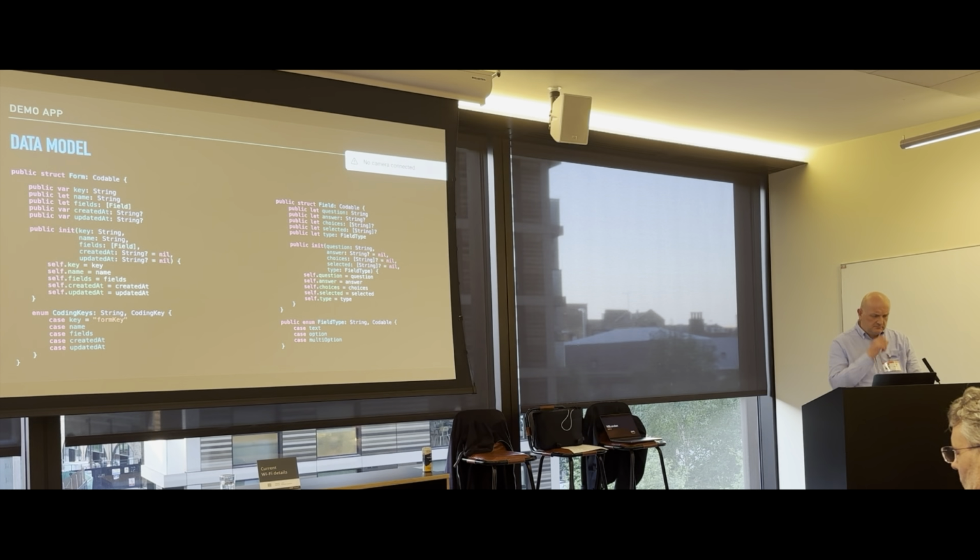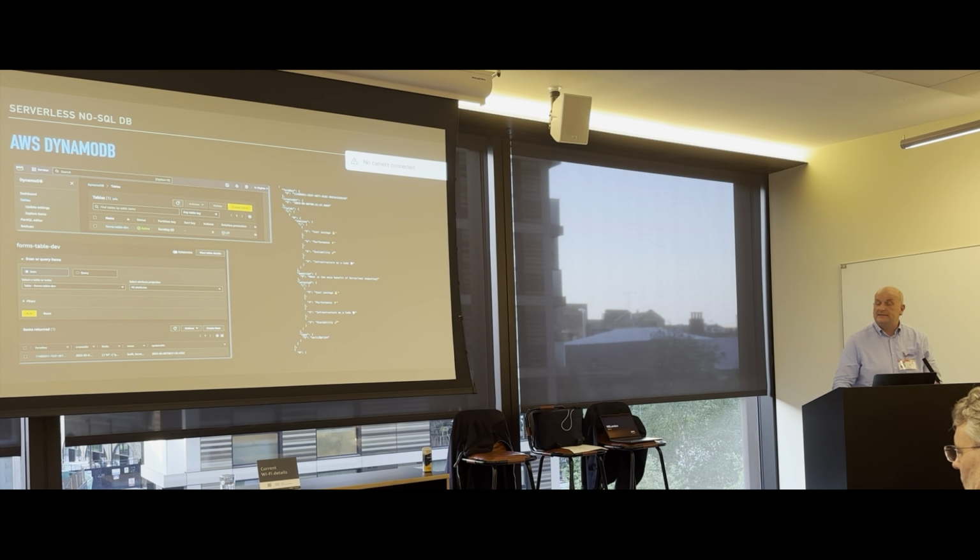Well, it's quite complex. And also I specify one of the codable keys, like the form key. Pay attention, they have also two fields called createdAt, deletedAt and updatedAt, because they are important for later. So what we do here is that we store this structure in a DynamoDB table.